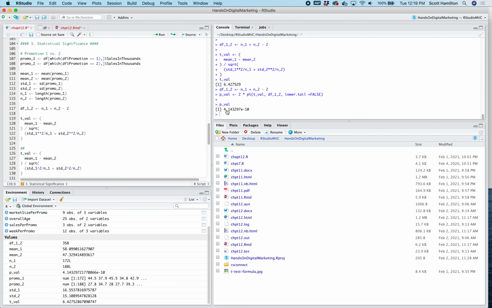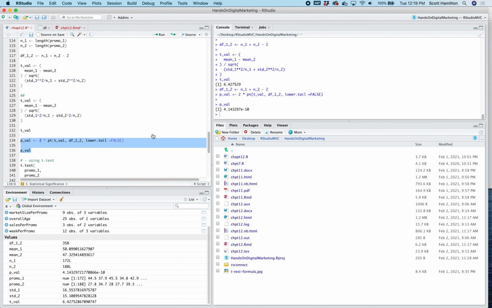With that statistically significant value, we can say we reject the null hypothesis. So we reject the idea that these two sample means are essentially the same population. We're saying that they're different, right? So we have one campaign that is statistically better than another campaign.